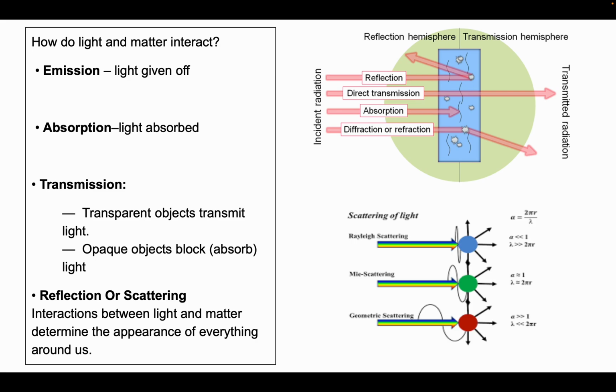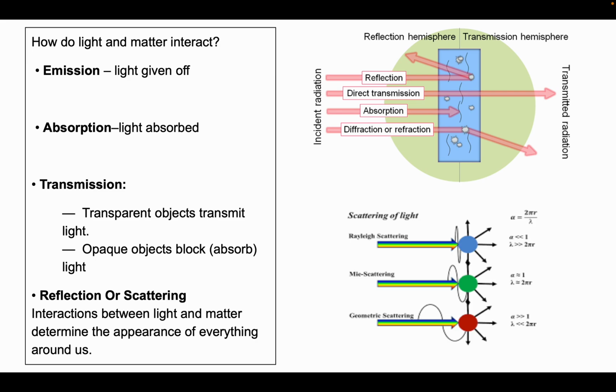If the light's wavelength is much greater than 2 pi r, where r is the radius of the object, then the scattering is called Rayleigh scattering. And geometric scattering is when the light falling on the matter or atom has a wavelength much smaller than 2 pi r.